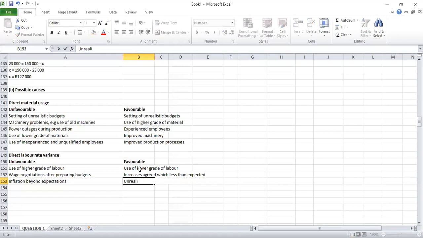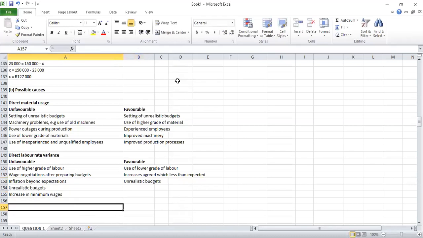Unrealistic budgets, you can also put unrealistic budgets here. Increase in minimum wages. So those can be some of the reasons.